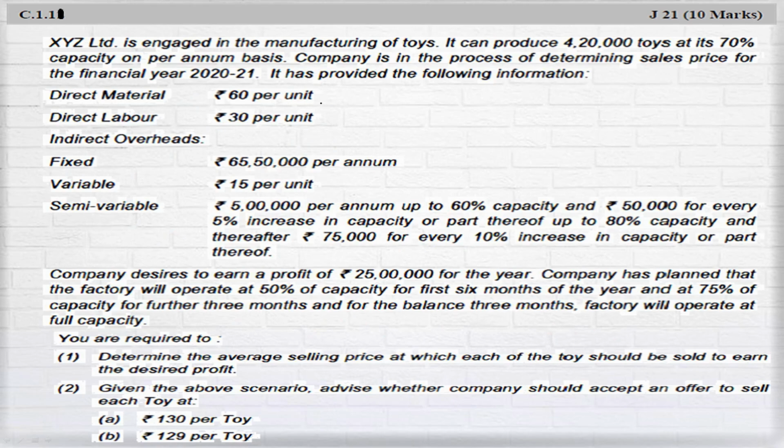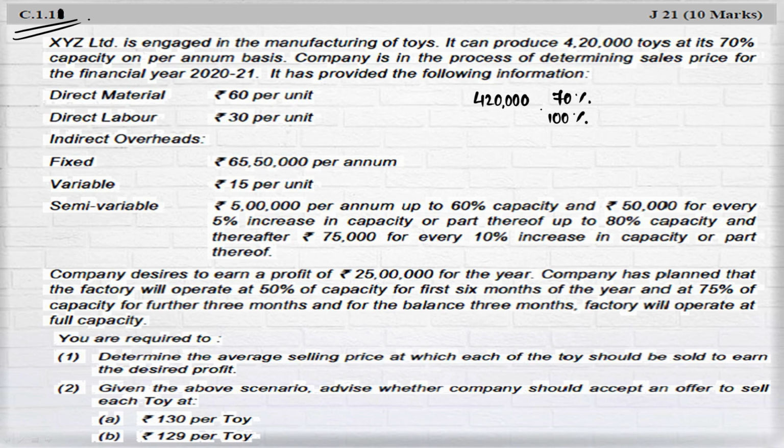See 1.11. XYZ Limited is engaged in manufacturing of toys. It can produce 4,20,000 toys at its 70% capacity on per annum basis. 4,20,000 is 70% capacity.